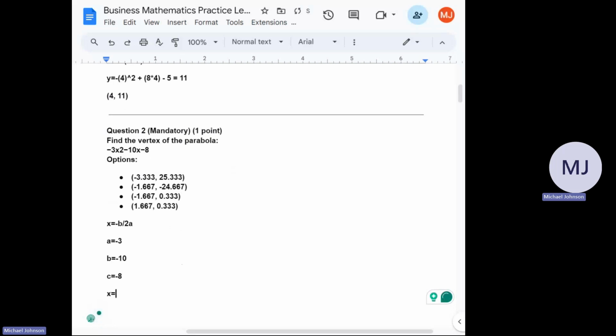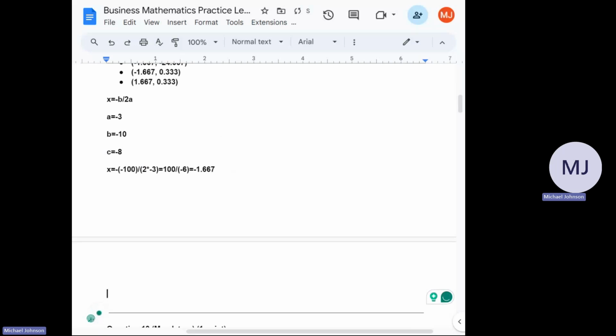So we put in x equals -(-10) divided by 2 times -3. So we do that. A negative of negative 10 is positive 10, and then divided by -6, and then we would get -1.667 for x.